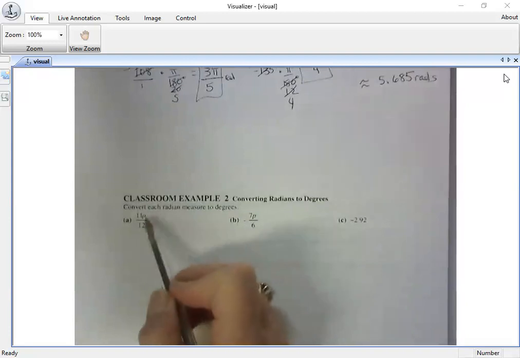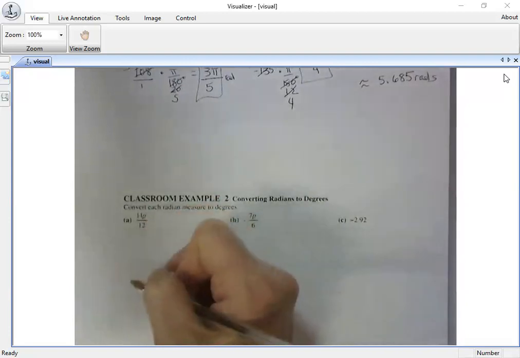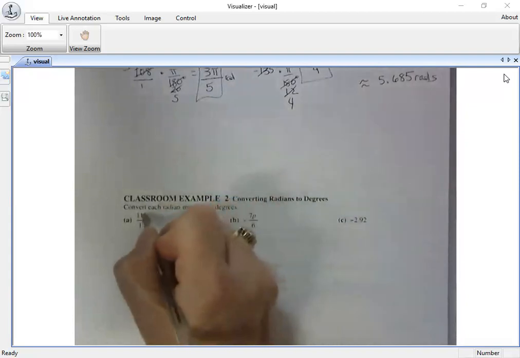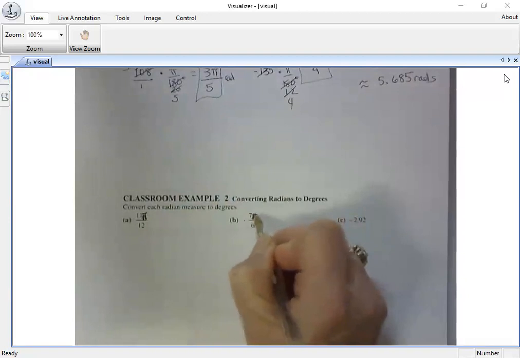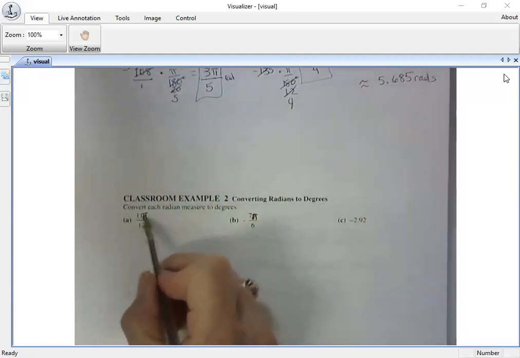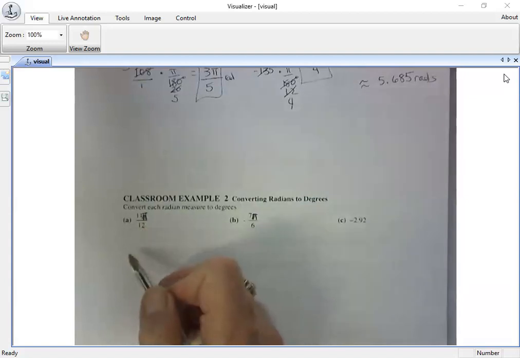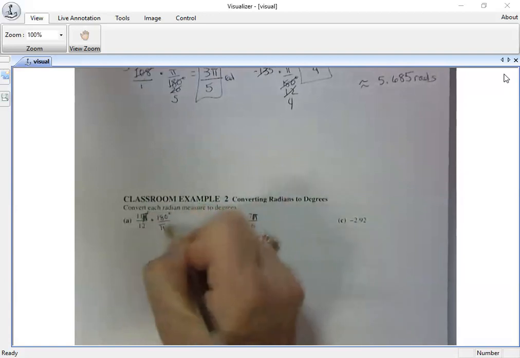So if I have, and for some reason, I don't know why it put P there instead of a symbol. There was a formatting thing when this printed out. Make those pi's where it says P. Okay? And so if I have 11 pi over 12, what would I multiply by to change it to degrees? 180 over pi. Good. And my pi's will cancel.